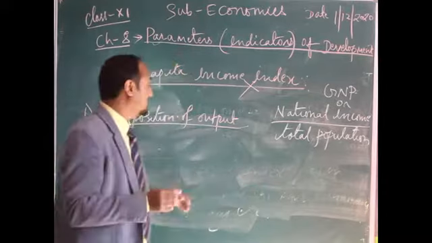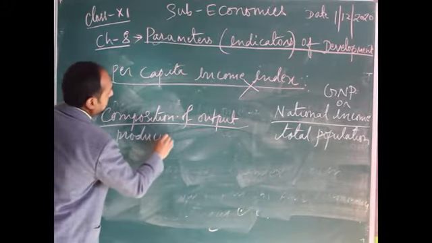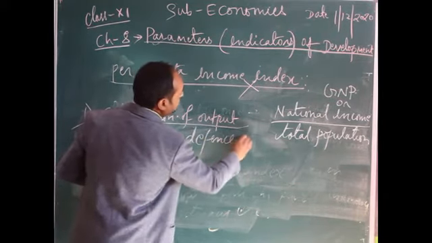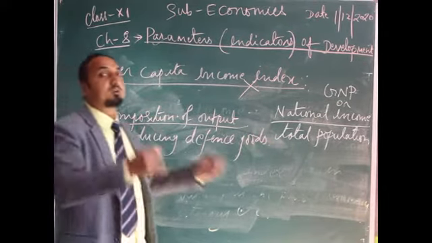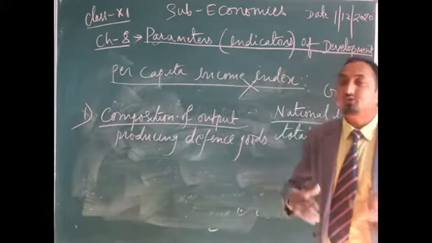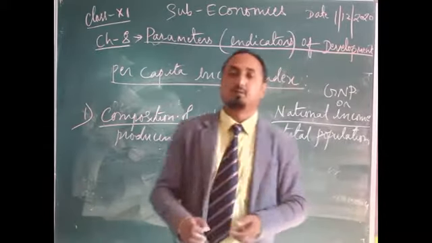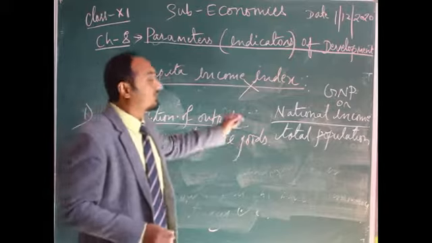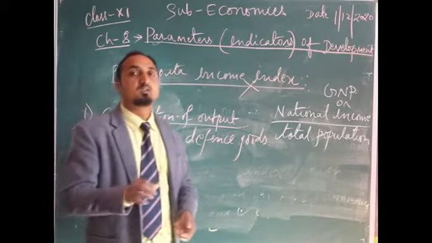If national income is increasing by only producing defense goods and not producing the necessity goods required by many consumers or the maximum number of people, then we cannot consider this a real or true indicator of economic development.